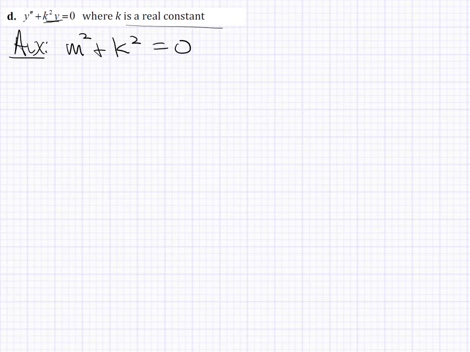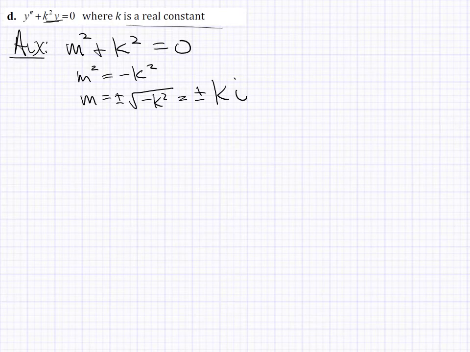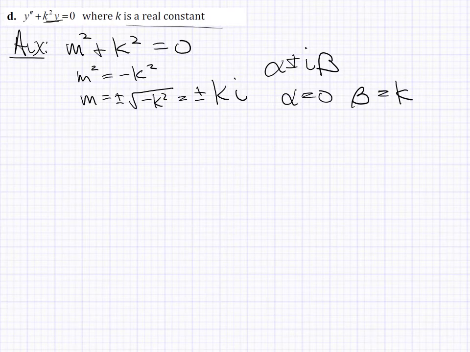And so we solve this one. Well, we could solve this pretty easily. We could say m squared equals negative k squared. So m equals plus or minus the square root of negative k squared, giving me plus or minus the square root of k squared, which would be k, and the square root of the negative 1 would be i. So if we look at this as alpha plus or minus i beta, alpha would be 0 and beta would be k.